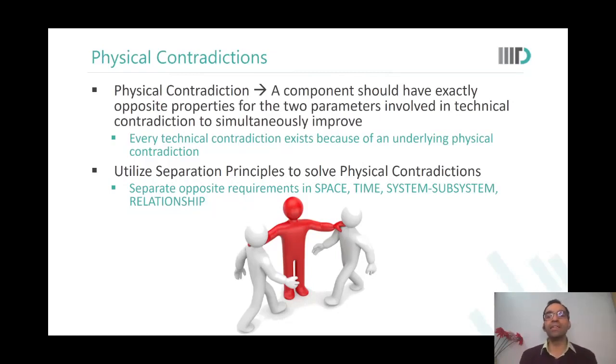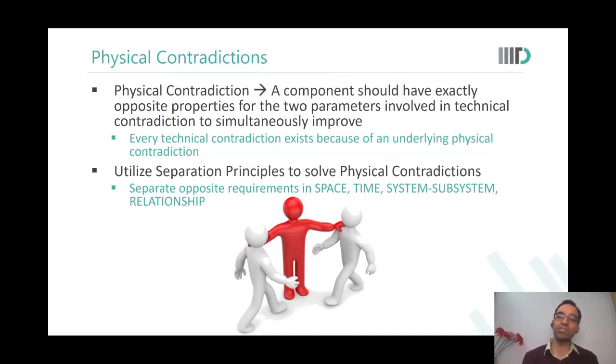And he then said that, okay, we will use separation principles to solve physical contradictions. Now, don't worry. I know this might appear like Greek and Latin to you, but I just want to give you an example that the next level of abstraction again would involve inventive principles, but now organized in a different manner. In the technical contradiction matrix, we had the inventive principles organized in a 39 cross 39 matrix.